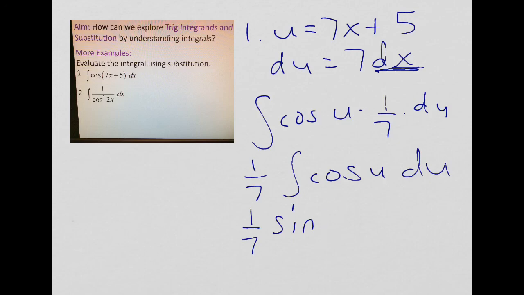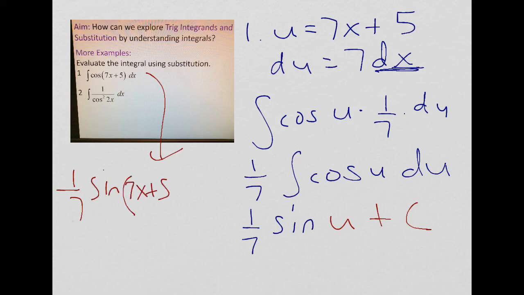Oops, it should be u here, plus c. Okay, so the answer here is going to be 1/7 sine of 7x plus 5, plus c. Let me know if you have questions on that, and let's do the last one.